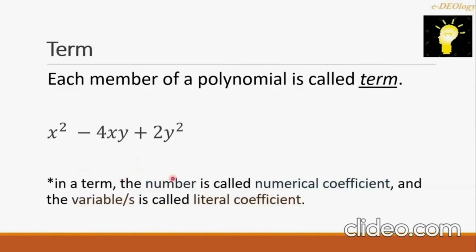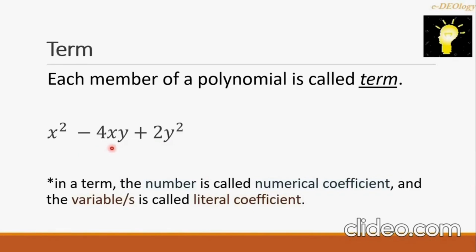In a term, the number is called the numerical coefficient, and the variable or variables is called the literal coefficient. I will start with the third term. Here, the number 2 is the numerical coefficient, and y squared is the literal coefficient. In the second term, the numerical coefficient is -4.